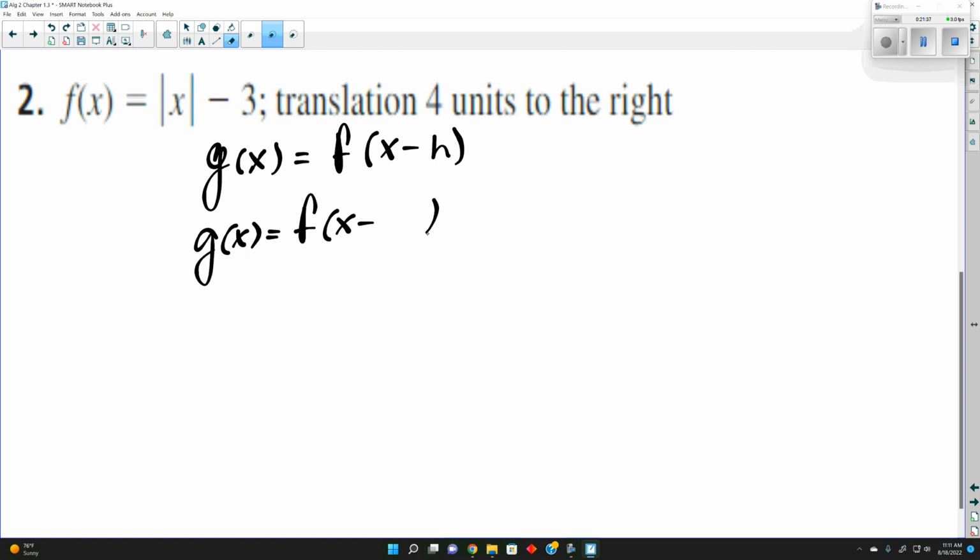So the value of h is going to be what? Positive 4. So we write in just 4, because if it had been negative 4, we would have put in negative 4.